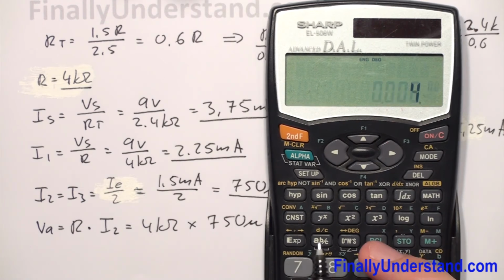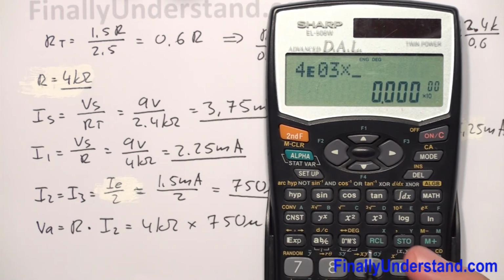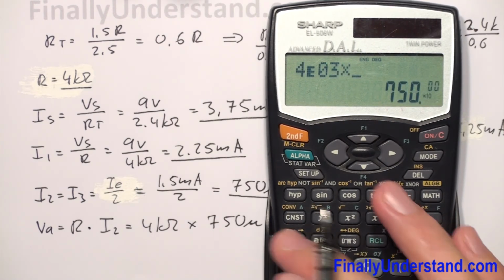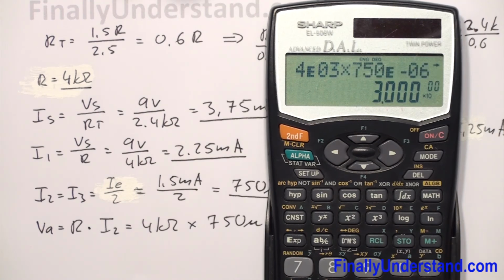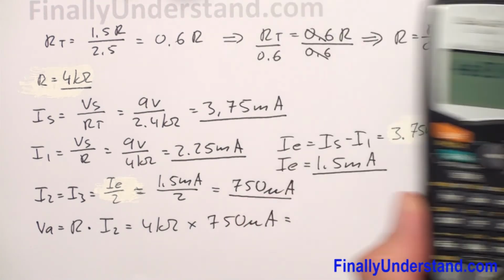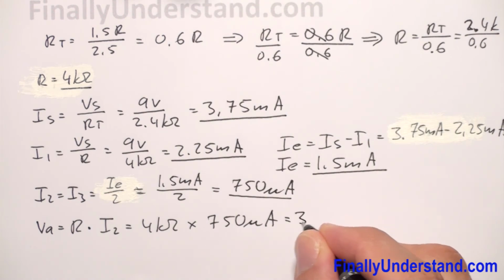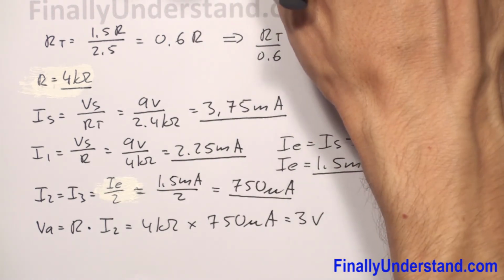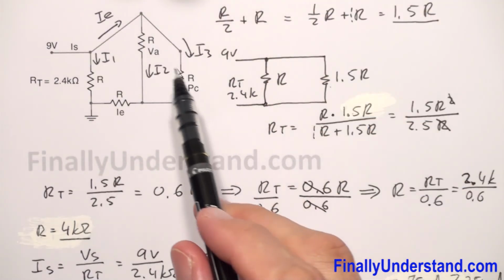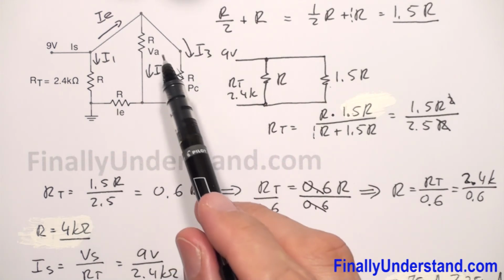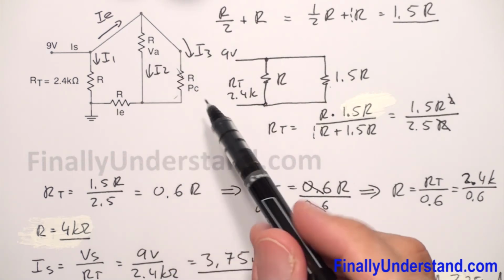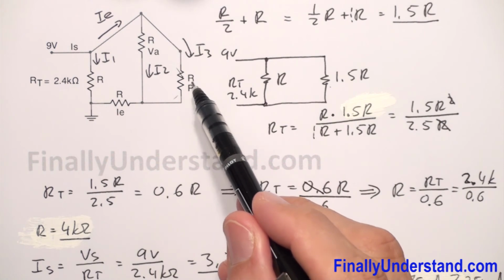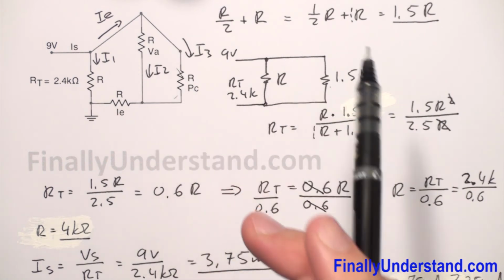So I have 4 exponent 3 times 750 exponent 6 negative equals 3 volts. So if this resistor has 3 volts across itself, this one is going to have also 3 volts across itself because they are in parallel.